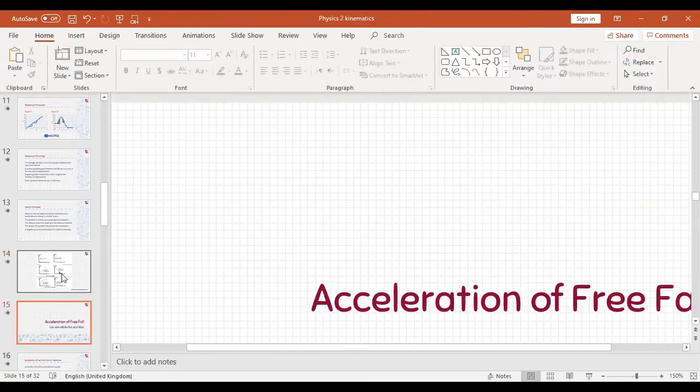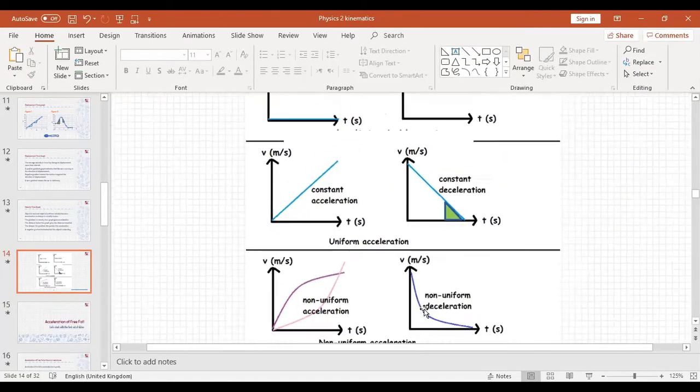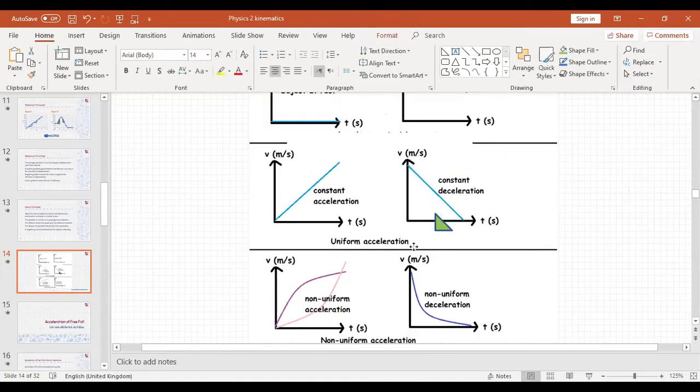Whereas in non-uniform acceleration, you can tell that the gradients keep on changing. It's not the same moving along the journey, it's changing. The gradients keep on changing, which means that there is non-uniform acceleration.